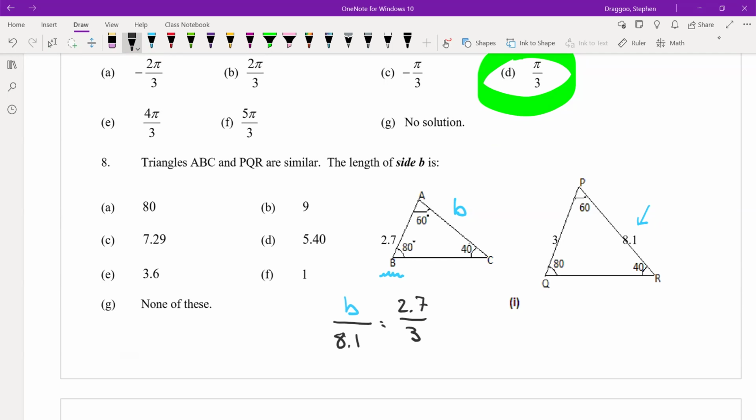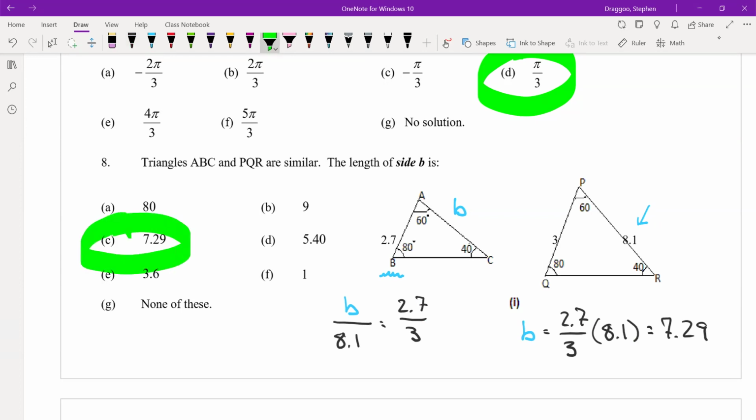So it looks like triangle ABC is 90% of the size of PQR, since 2.7/3 would get me to 0.9, 90%. To solve that equation for B, we are going to get 2.7/3 multiplied by 8.1. I think you could just throw all that into a calculator, but I got 7.29. Option C.